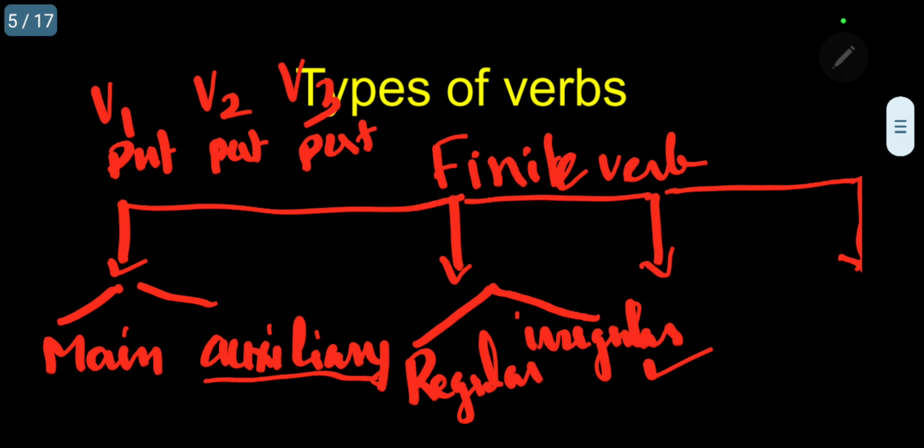Regular means with the verb you can add D or ED to convert it into V2, the past tense. Walked. Moved: only D, when E is there, D. So that is called regular. Regular is very, very easy. Only irregular verbs we have to memorize.